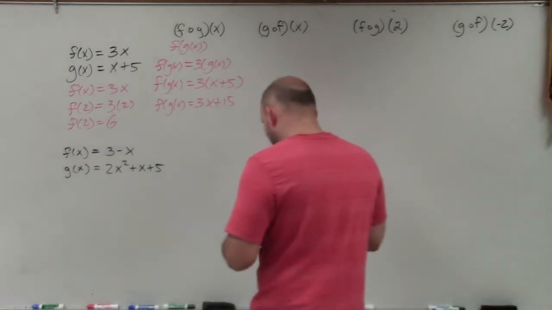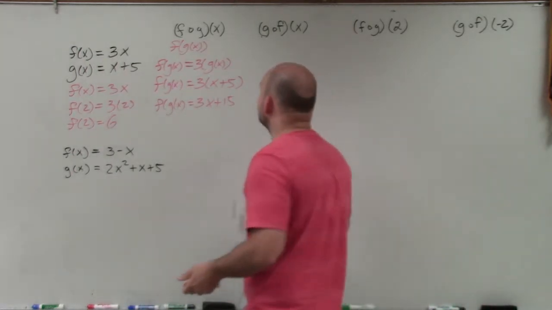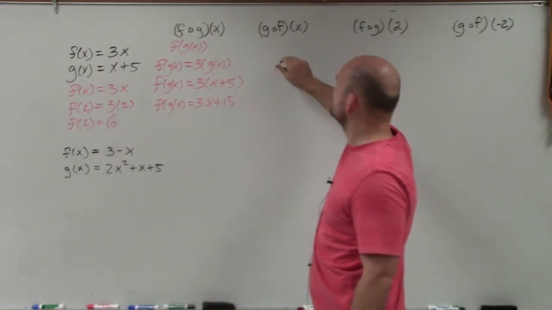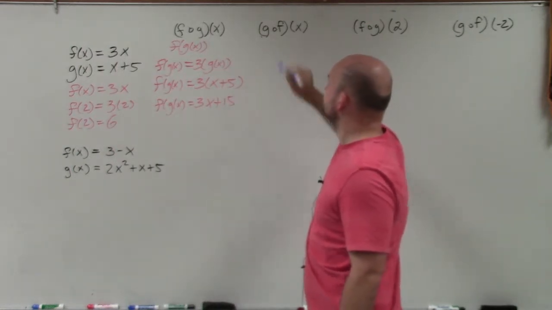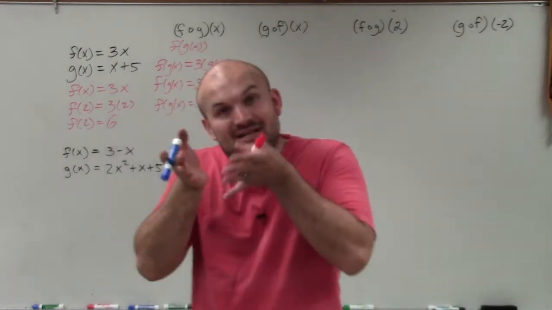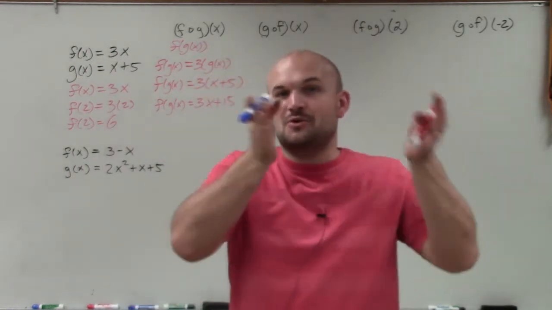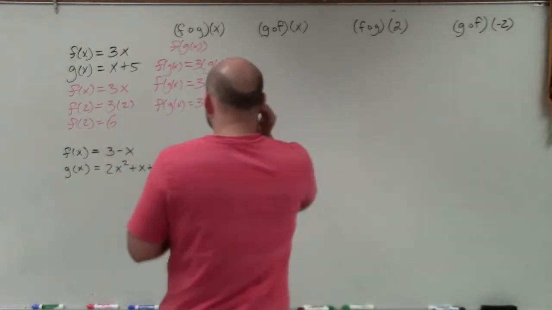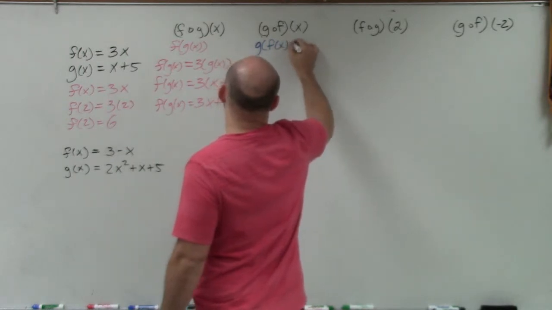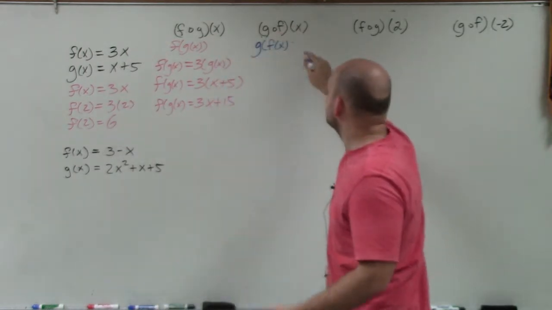Now, for the next one, basically I'm going to do the exact opposite. Now I'm going to plug the f of x function into the g of x function. So this one looks like g of f of x. It's the exact same thing.